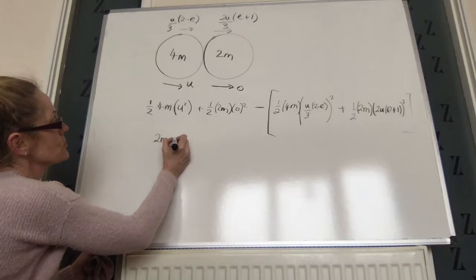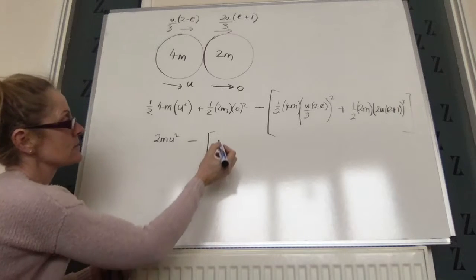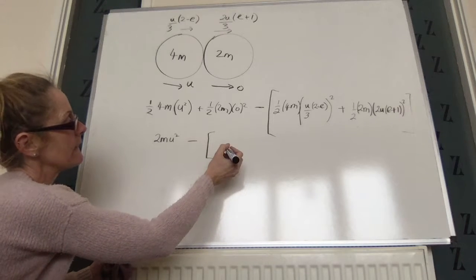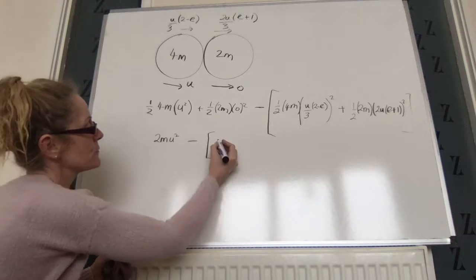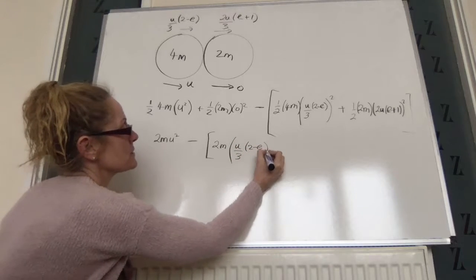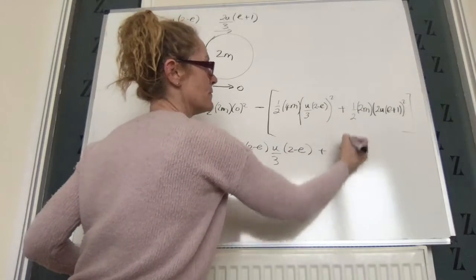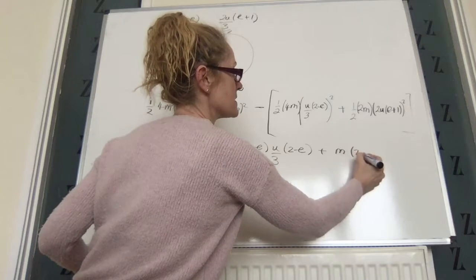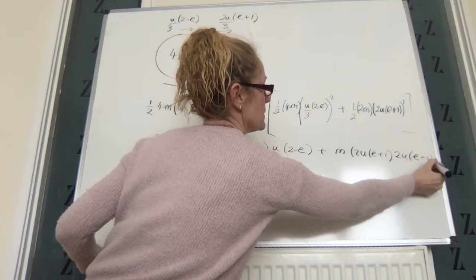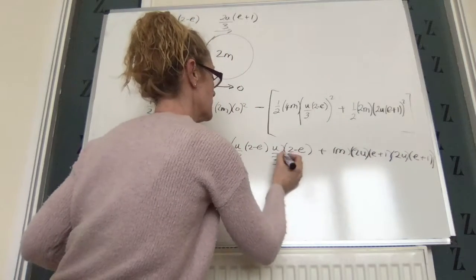So 2mu squared plus 0, minus the kinetic energy afterwards: half of 4m is 2m, times a number squared, which is the number multiplied by itself, plus a half of 2m is m, again times the number times itself.